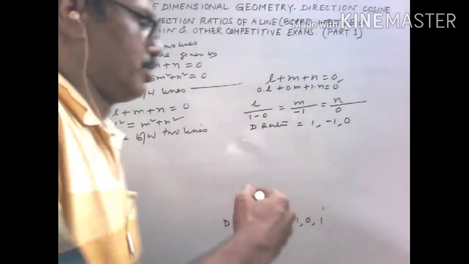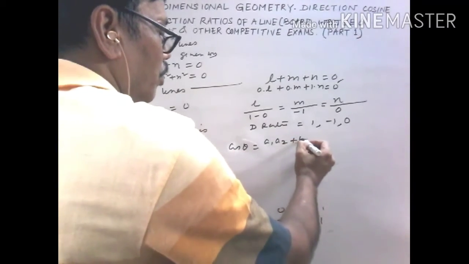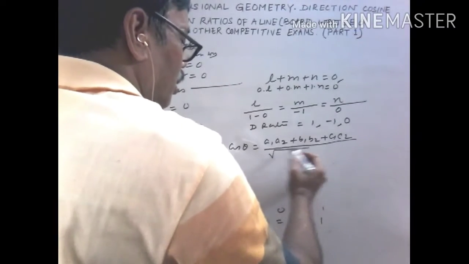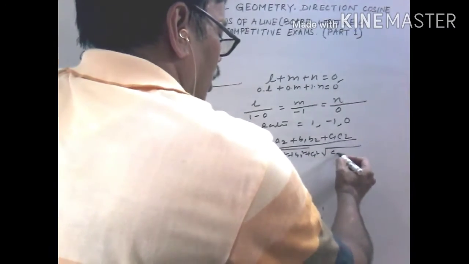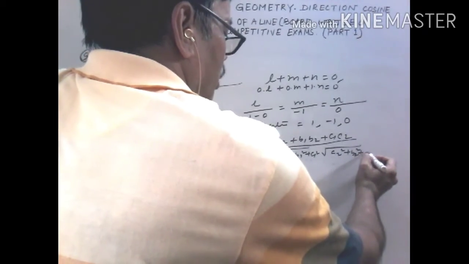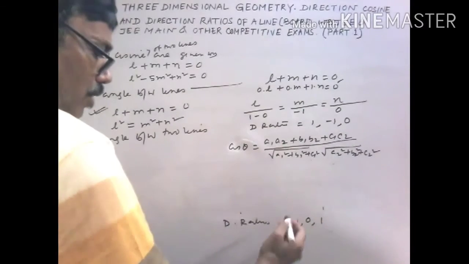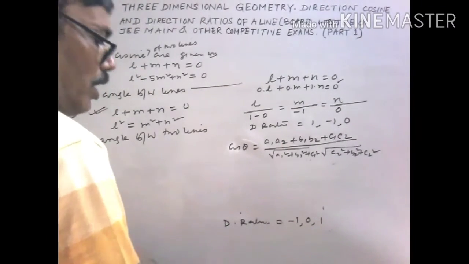So what is the angle? cos theta equals (A1A2 + B1B2 + C1C2) by root over (A1 square + B1 square + C1 square) into root over (A2 square + B2 square + C2 square). Now A1, B1, C1 are the direction ratios of the first line: minus 1, 0, 1.